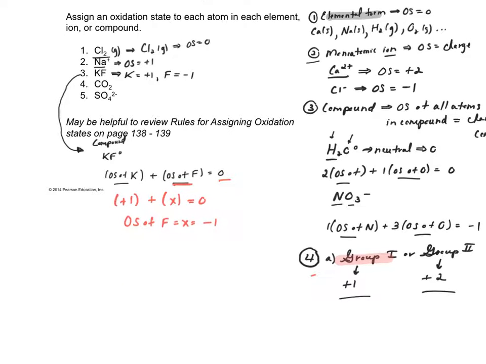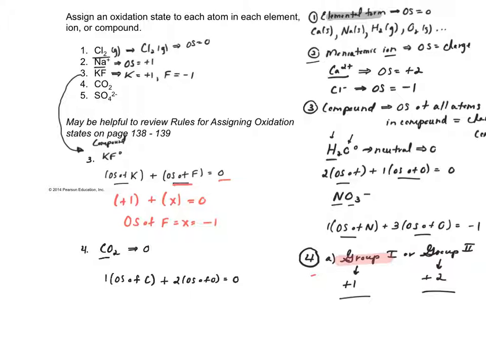Okay, so then CO2 is next. So this is 3, this is 4. So same thing. These guys overall sum to 0 because it's a neutral compound. So I have 1 carbon, so 1 times the oxidation state of carbon plus I have 2 oxygens, so 2 times the oxidation state of oxygen has to sum to the overall charge of the molecule.